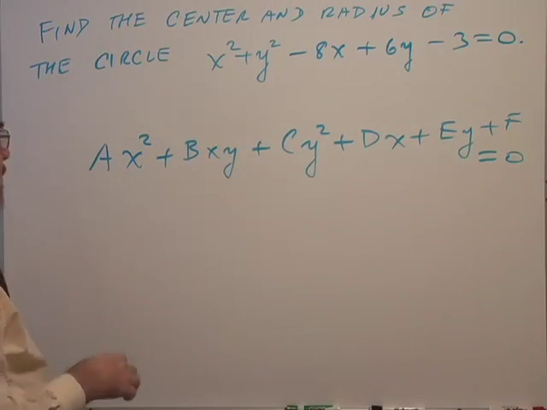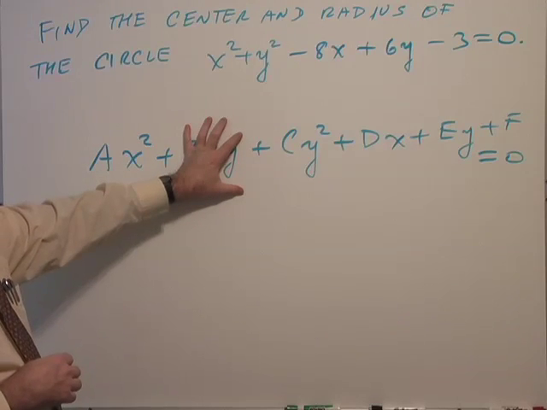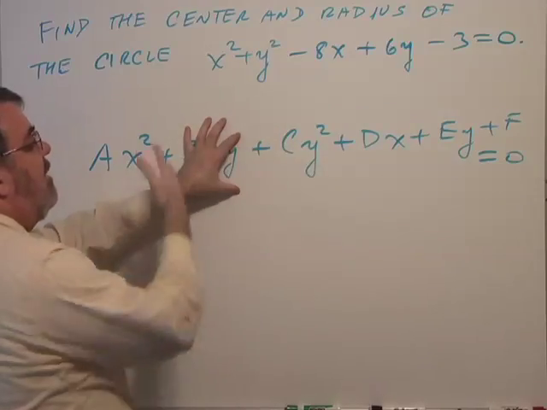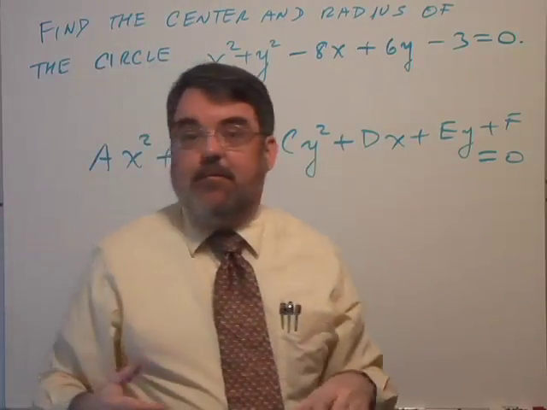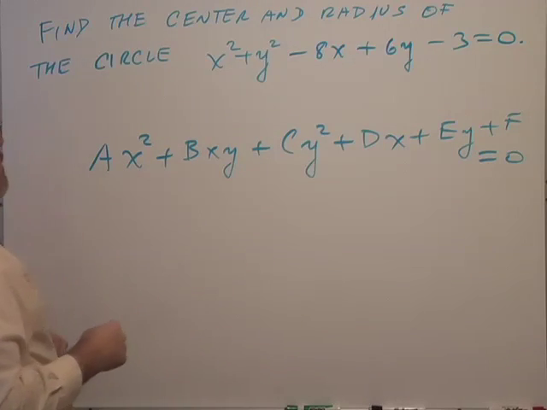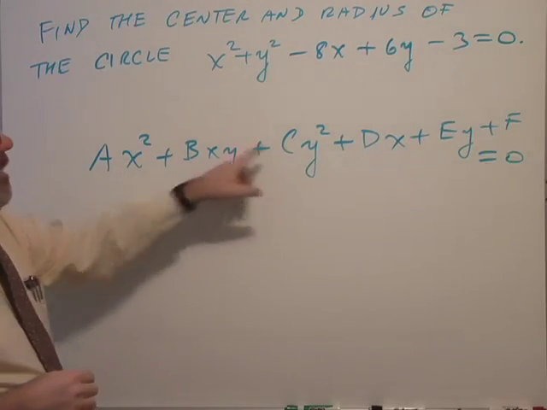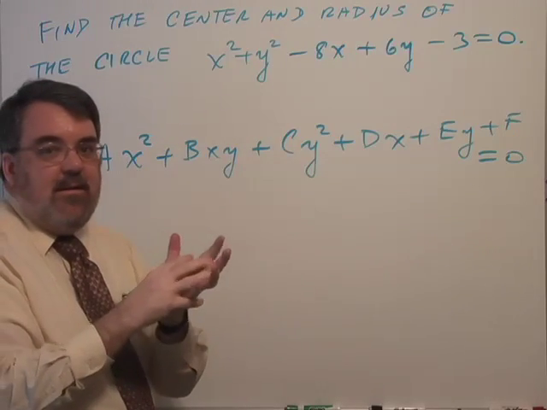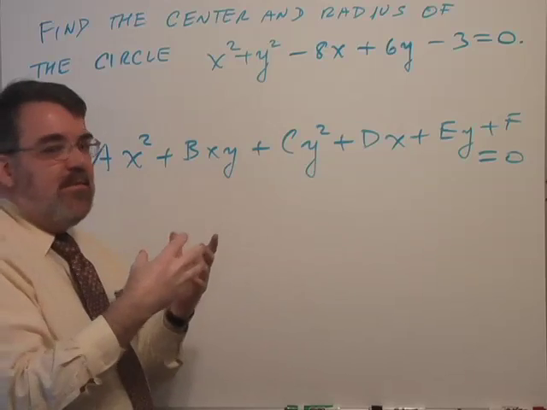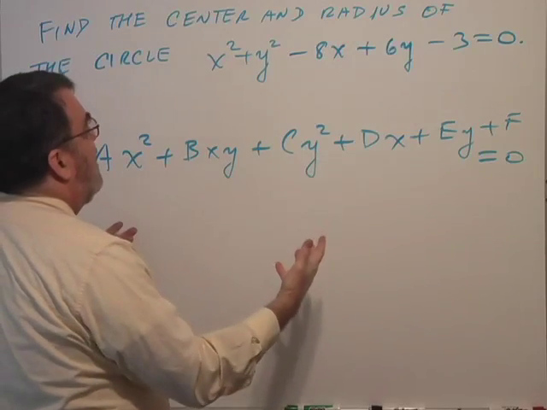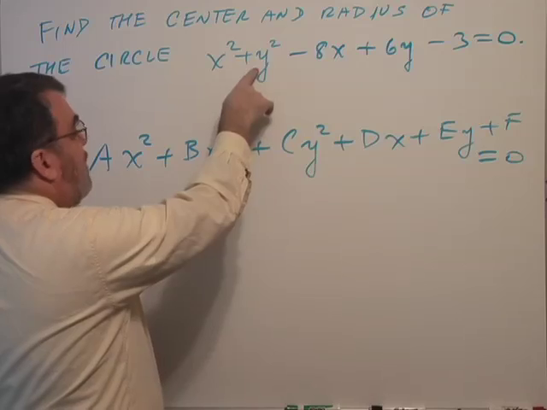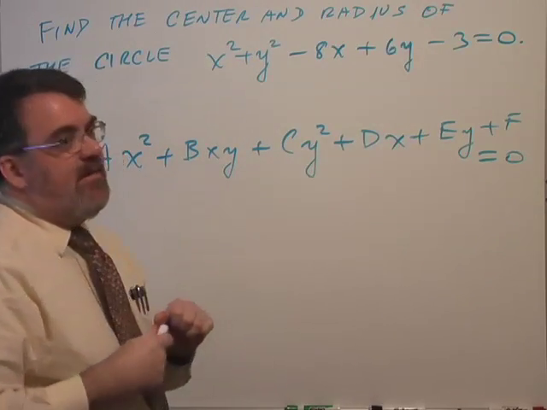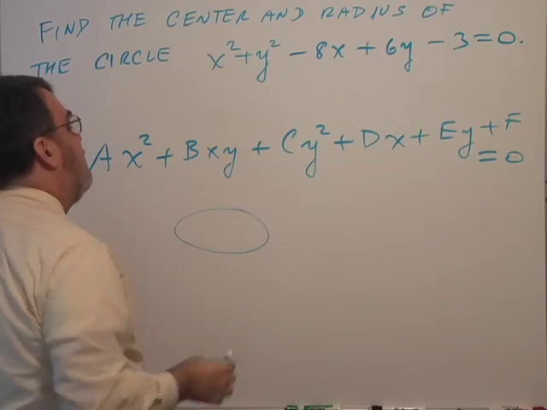All right, now when this term is missing and when a and c are equal to each other, then this equation would represent a circle. And when a and c are the same sign but different numbers, for example, suppose I had 2x squared plus 3y squared, if they have different coefficients, then usually that's an ellipse.